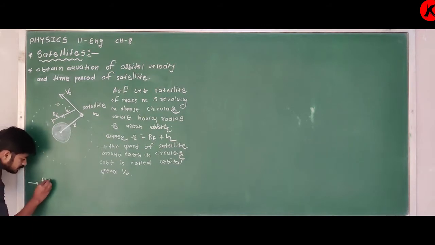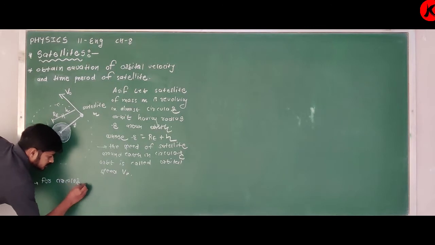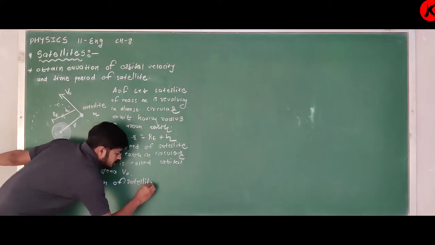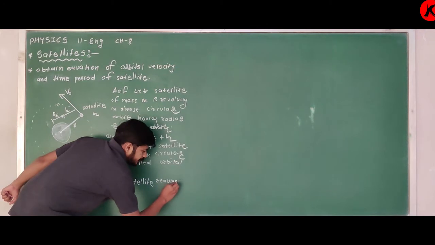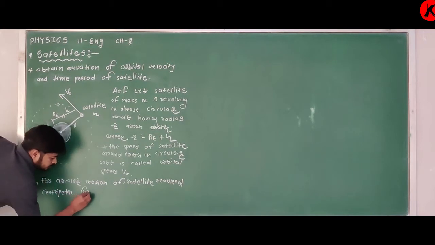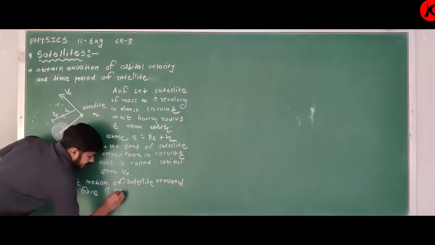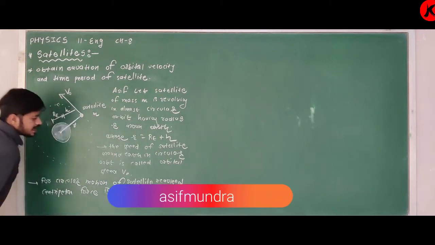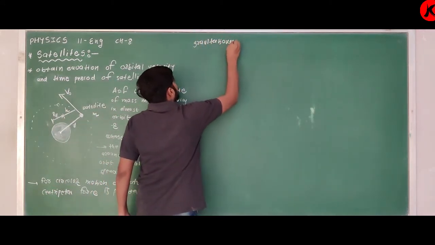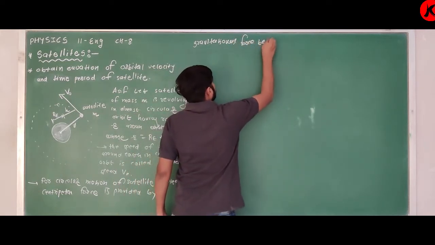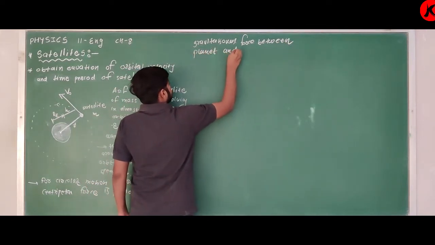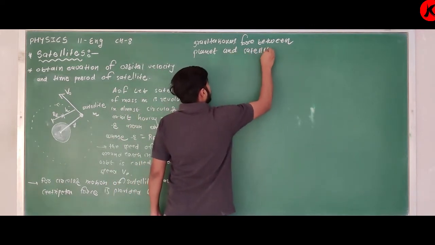For circular motion of a satellite, the required centripetal force is provided by the gravitational force between planet and satellite.